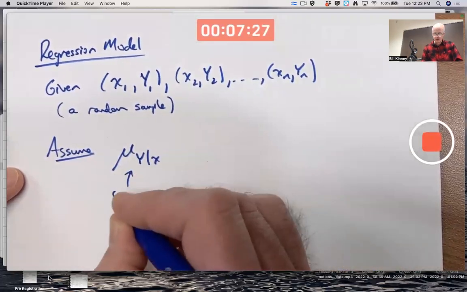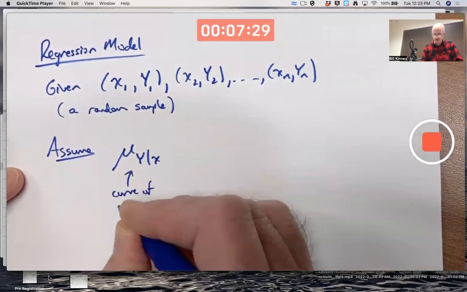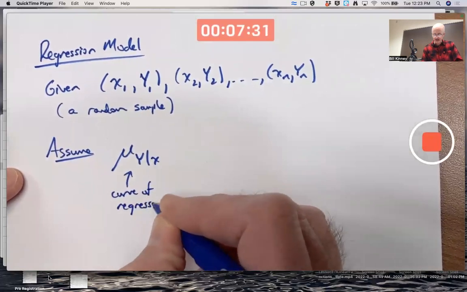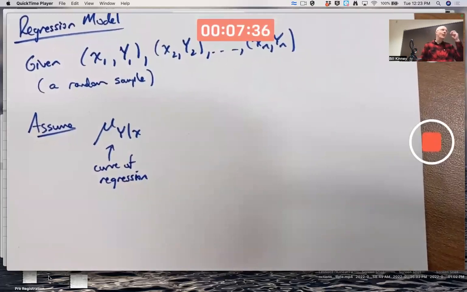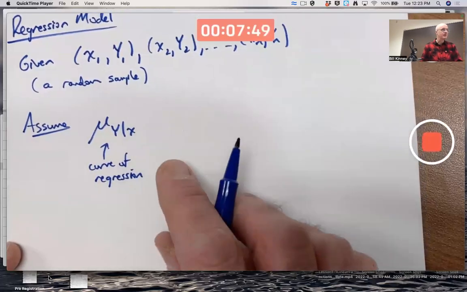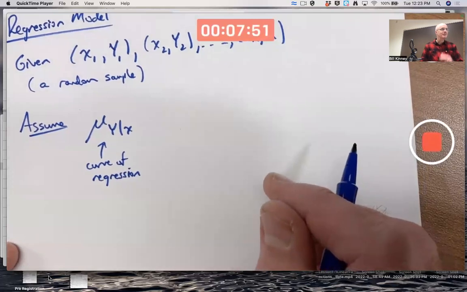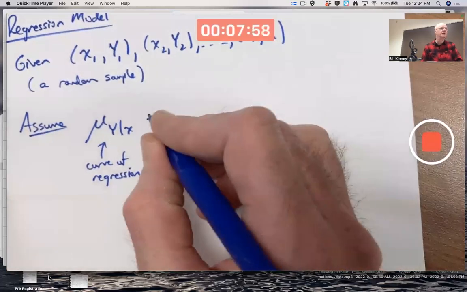That's the curve of regression. Back in chapter 5, we had to compute the curve of regression when we had a joint distribution for x and y. We had to compute marginal densities, conditional densities by doing integrals, and ultimately do an integral to compute this mean. But here we're doing something different. We're assuming it's a linear function of x.